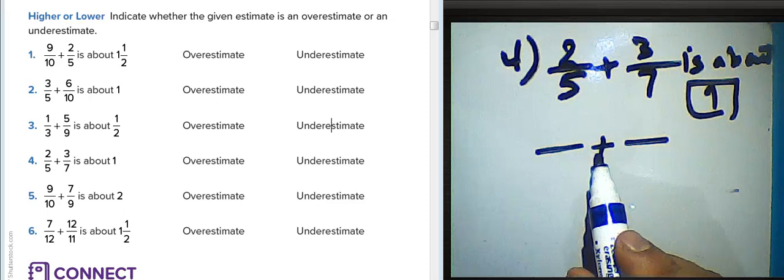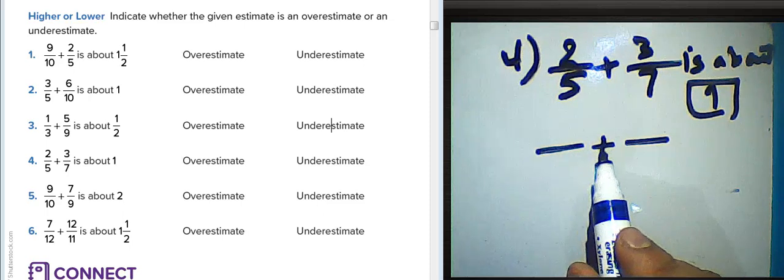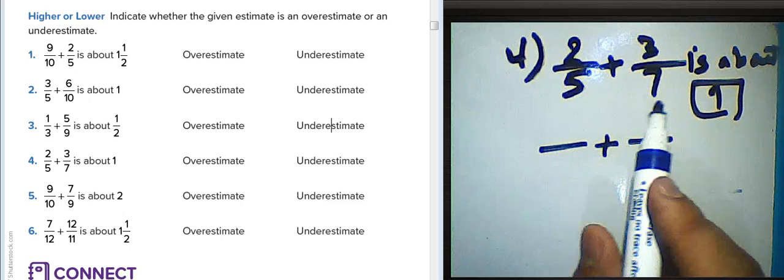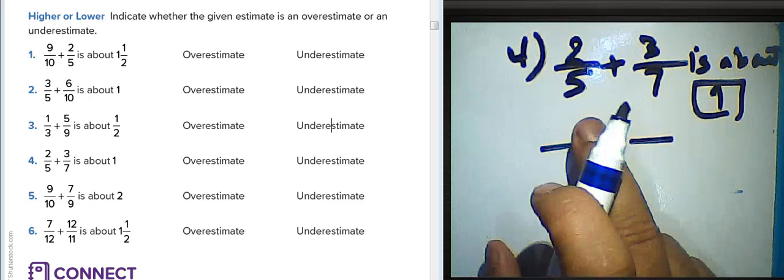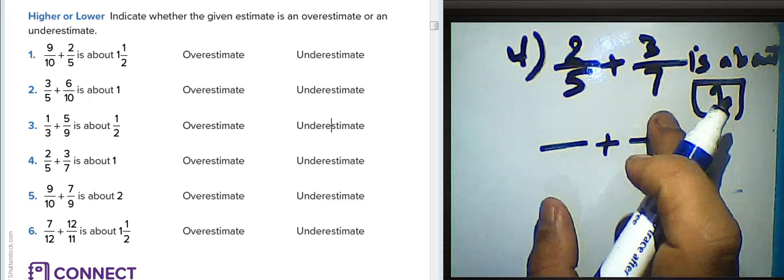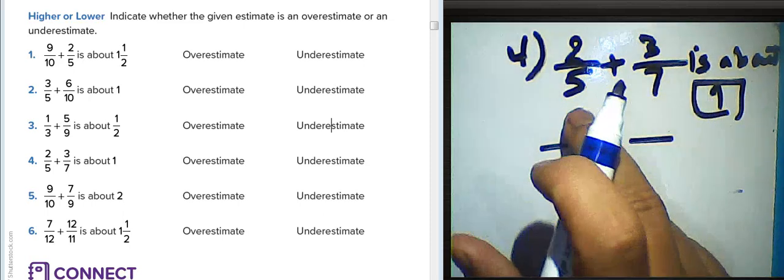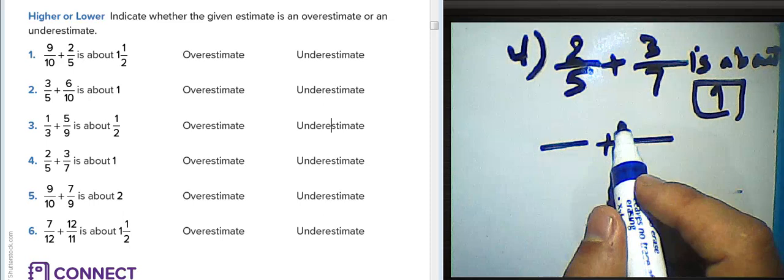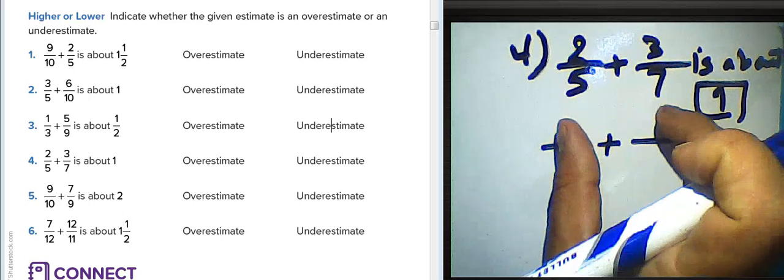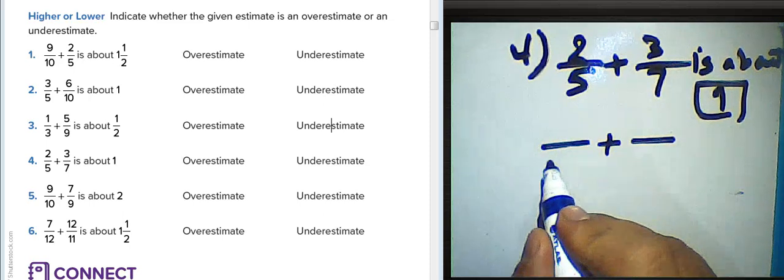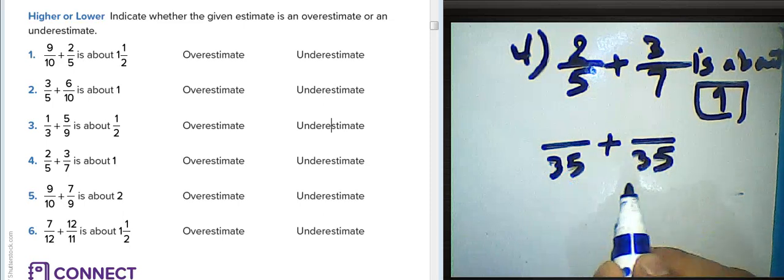No, because 7 can't be divided by 5. We have a remainder. We can find the least common multiple between them by multiplying the two digits. 7 times 5 equals 35. We can write 35 here.